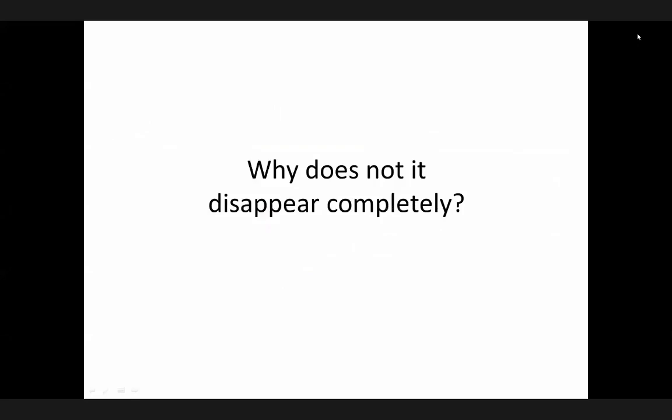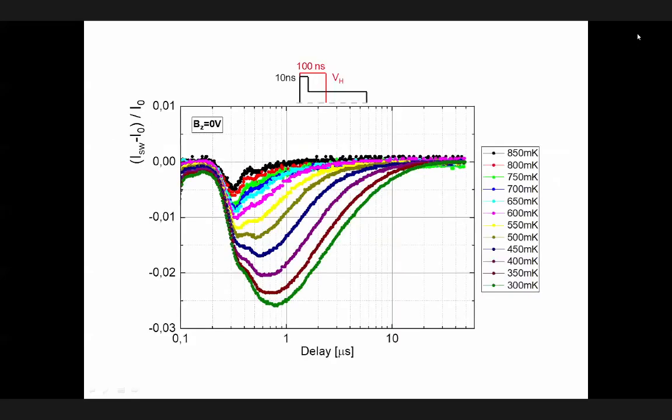So why doesn't it disappear completely? Let's now do a measurement in zero field at various temperatures, 300 to 850 milliKelvin. What I measure here is the relative suppression of the switching current with respect to this value.